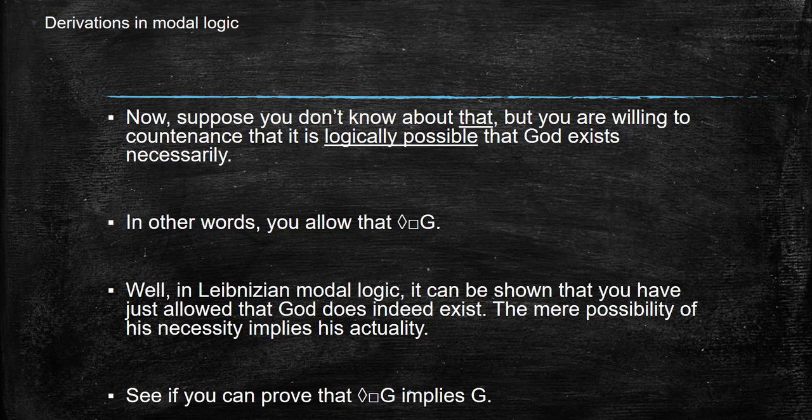Now, suppose you don't know about that, but you are willing to countenance that it's logically possible that God exists necessarily. In other words, you allow that it's possible that necessarily God exists. Well, in Leibnizian modal logic, it can be shown that you've just allowed that God does indeed exist. The mere possibility of his necessity implies his actuality.